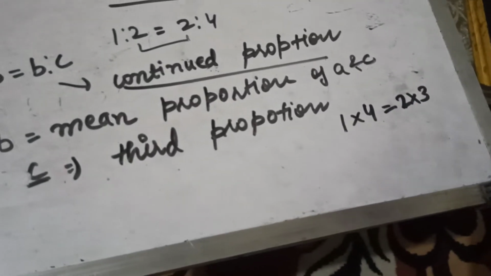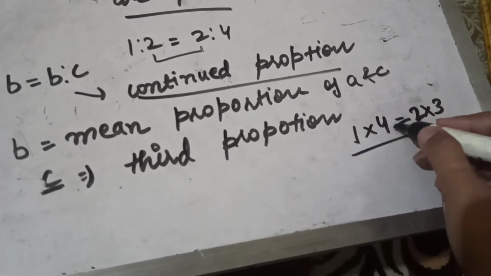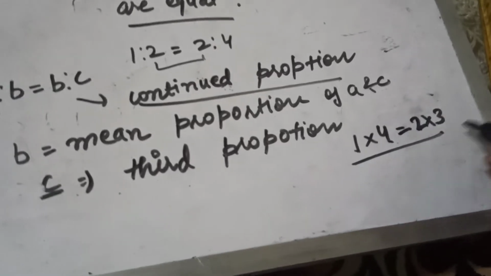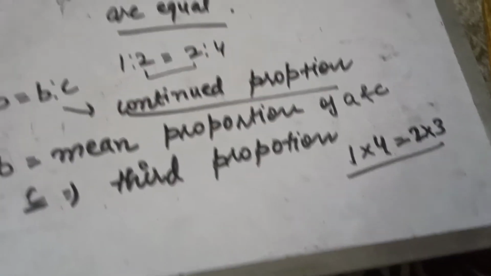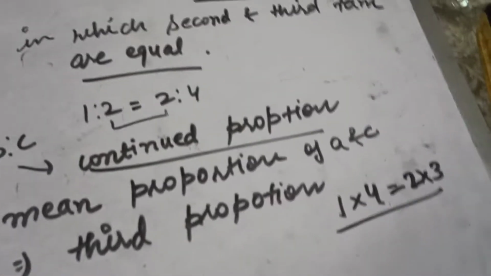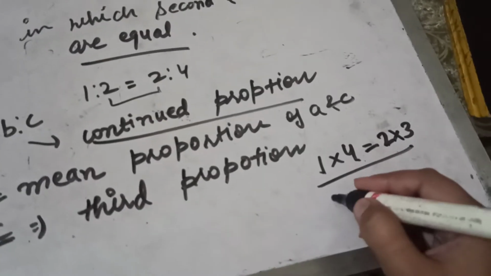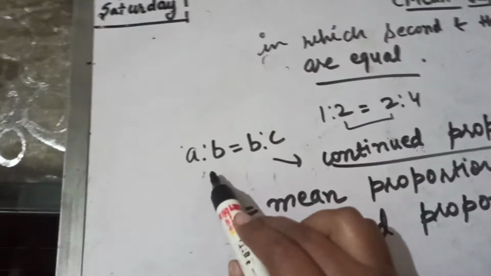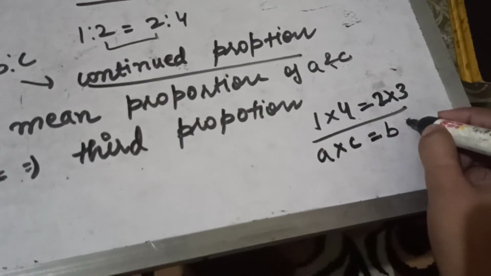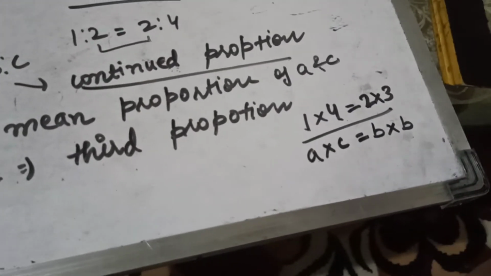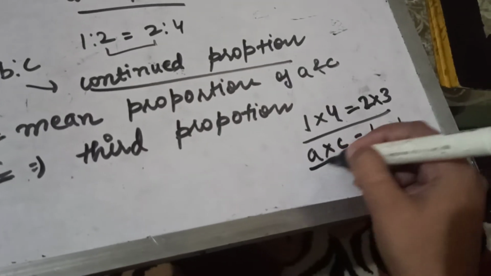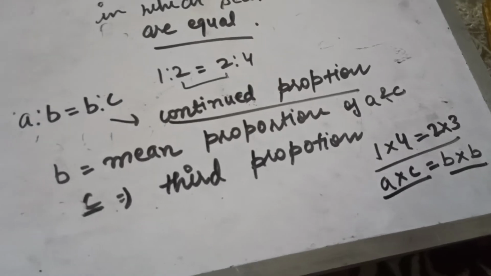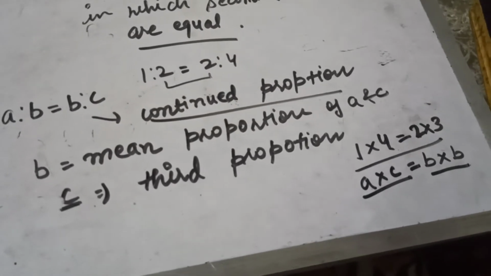Product of extremes, first and last, equals the product of the middle terms or mean terms. The same condition will hold in mean proportion. A cross C equals B in the middle, so B multiply B. Clear this point? Product of extremes equals the product of means or middle terms.